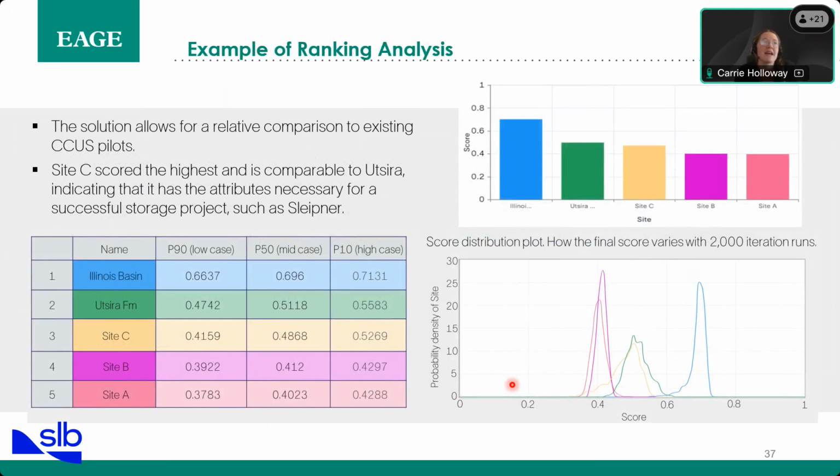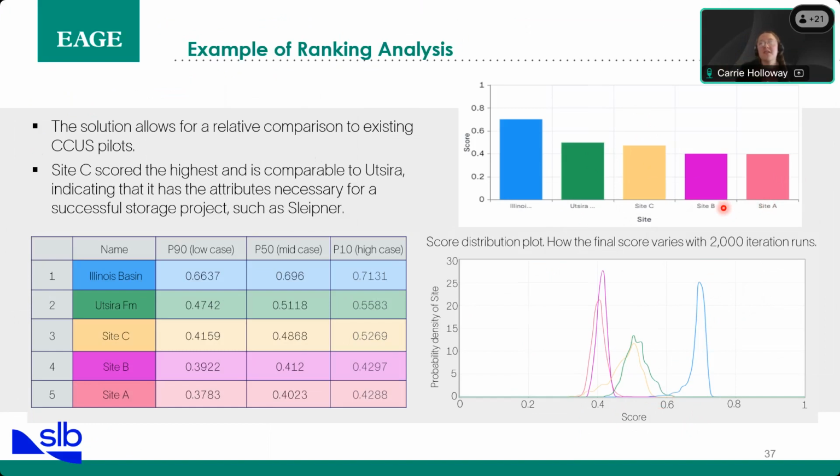We can see actually that site C scored the highest out of the 3 Trinidad sites and was comparable to Utsira, so where we have Sleipner. Especially, you can see it's comparable once we look at our score distribution plot. We can see clearly as well that the site in Illinois scores much higher, and the other sites, A and B, score lower.